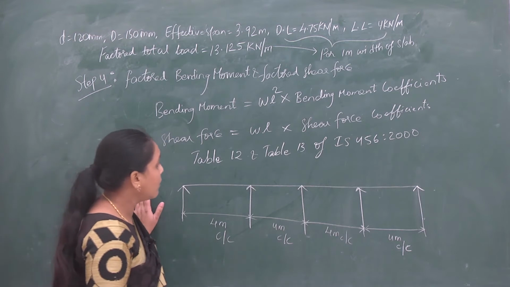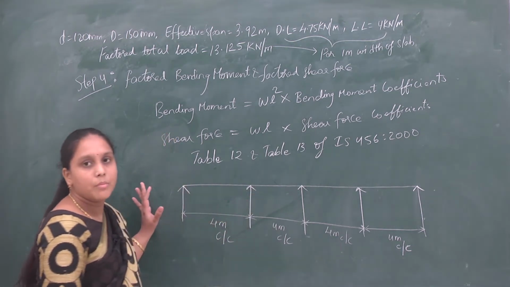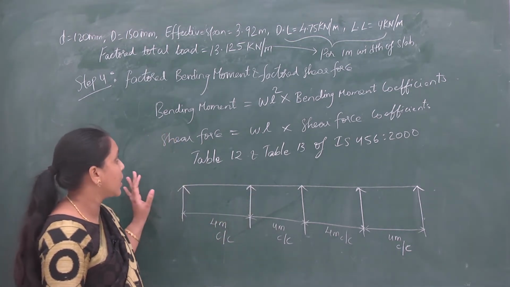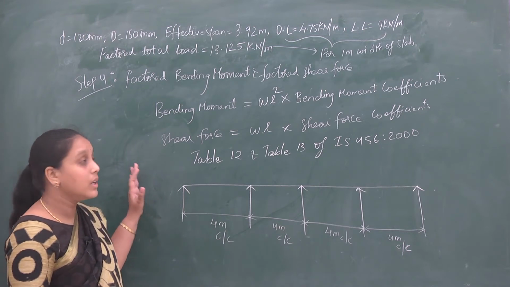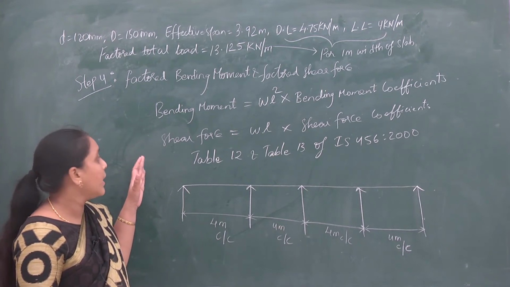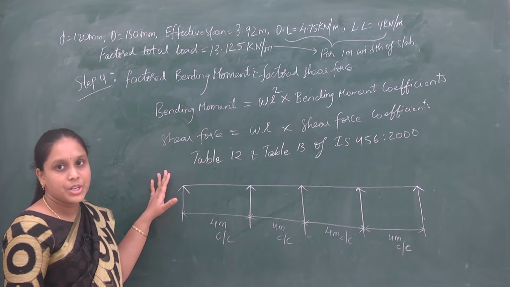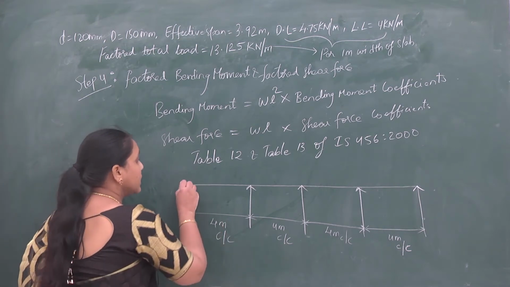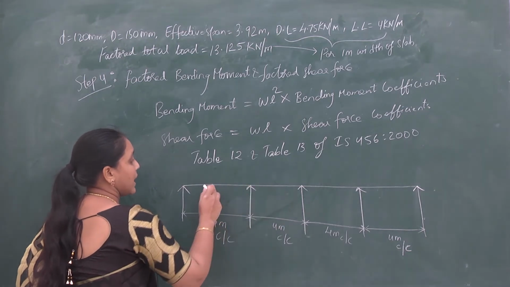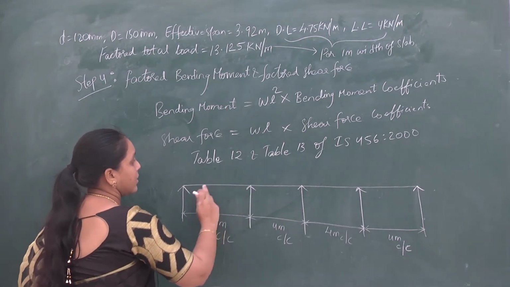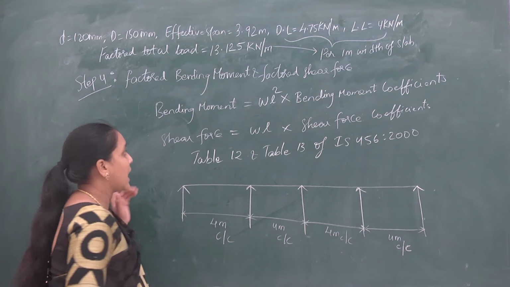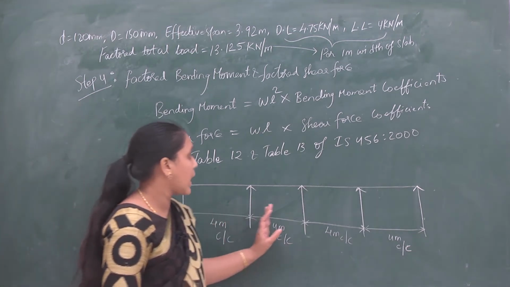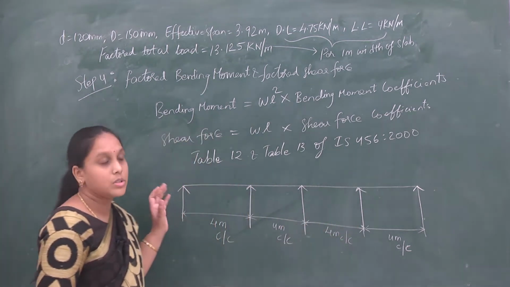Now for this particular continuous slab, we are going to calculate the bending moment as well as the shear force. The bending moment we are going to calculate at the supports as well as at the center of the supports, and the shear force we are going to calculate at the supports.